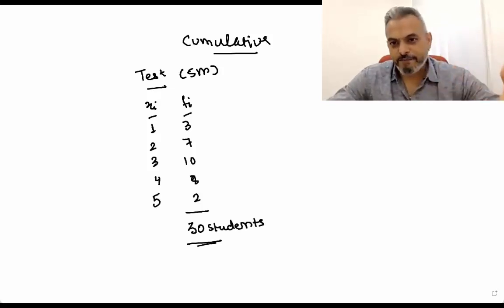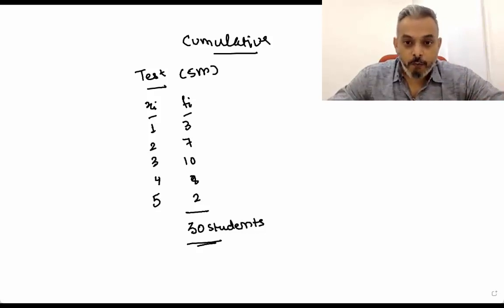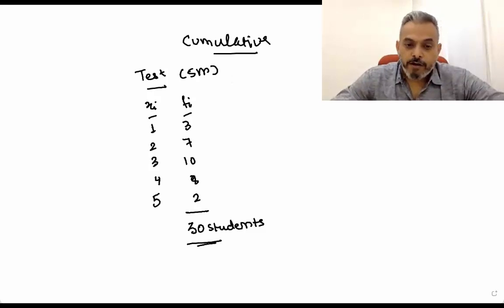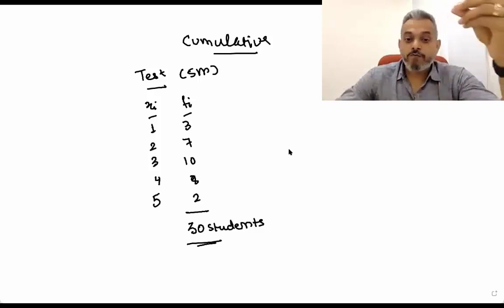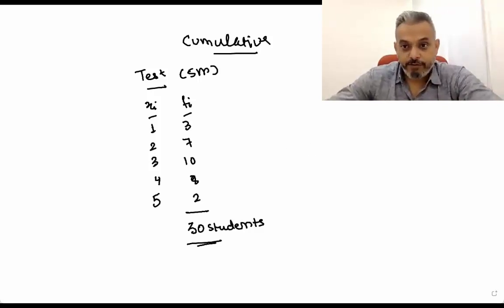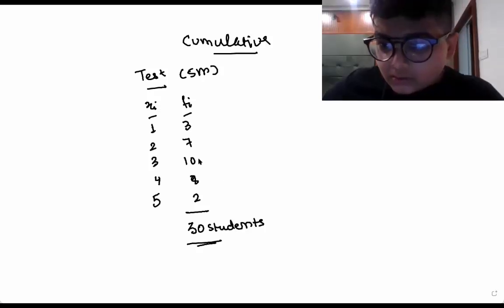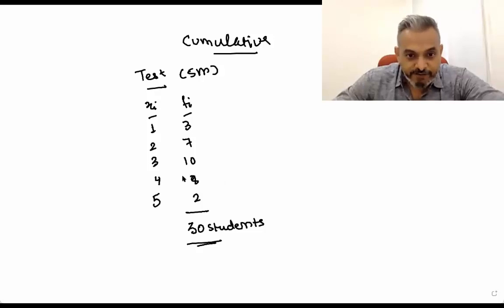It's for conceptual understanding. Now, over here, if I ask you how many students are there who scored 3 or more than 3 marks, can you tell me? 20. तो कैसे 20 फाइंड किया? 10 plus 8 plus 2.